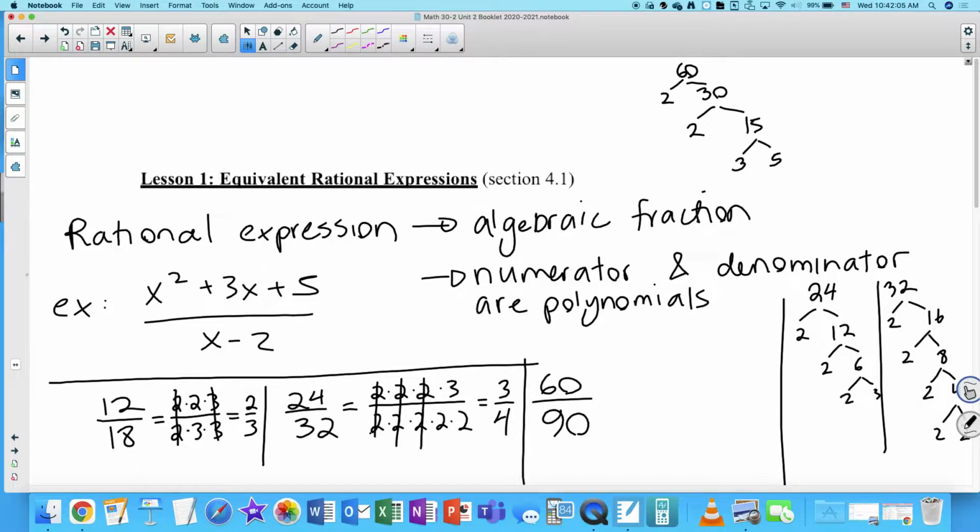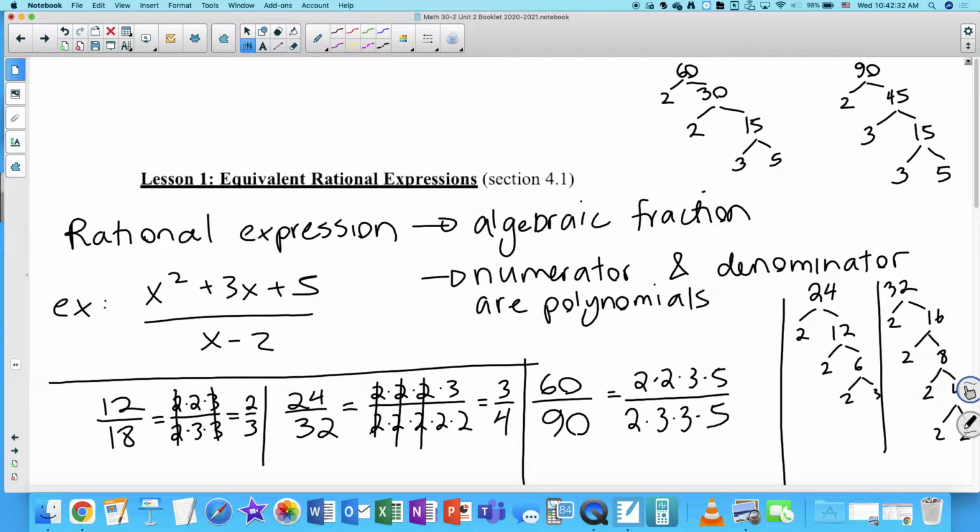And then 90 is 2 times 45. Now, 2 doesn't work anymore for 45, but 3 works. I can write that as 3 times 15, and then 3 times 5. So 60 is 2 times 2 times 3 times 5, and 90 is 2 times 3 times 3 times 5.